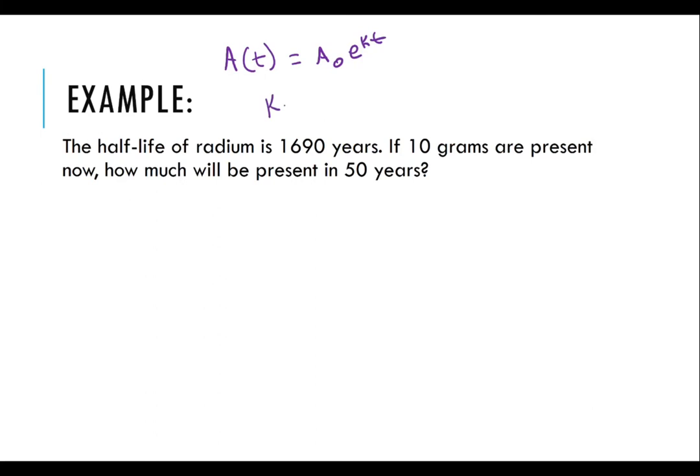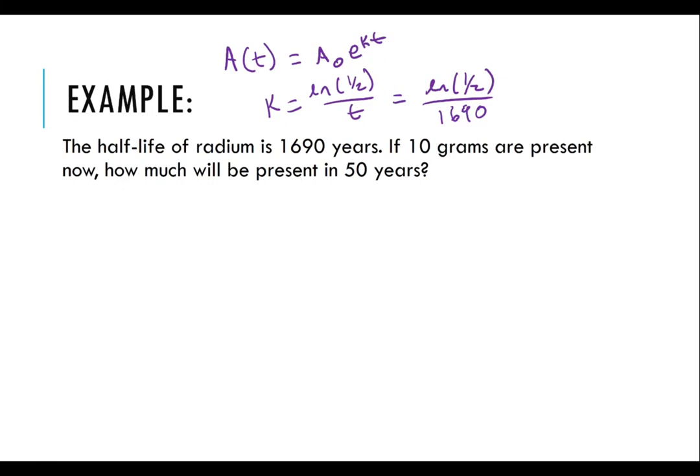We can find our k, where k is equal to the natural log of 1/2 divided by t. Well, if the half-life is 1,690, that is the natural log of 1/2 divided by 1,690 years. And for the sake of not making a mistake, I'm going to leave this as is for an exact value. So if 10 grams are present, how much will be present in 50 years?